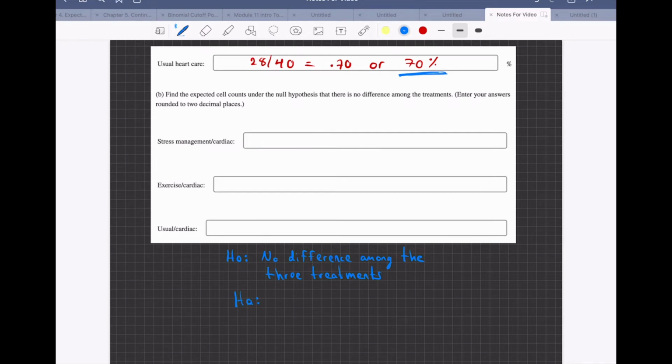H alternative, the opposite: there is a difference. Of course, we're trying to see whether there is a difference in the success rate. This time it is a chi-square test of homogeneity.